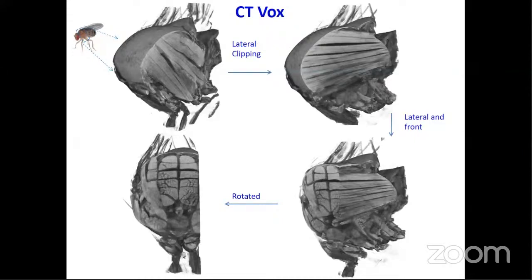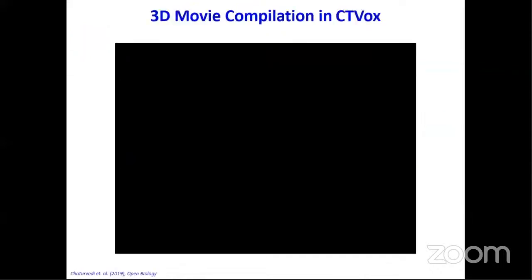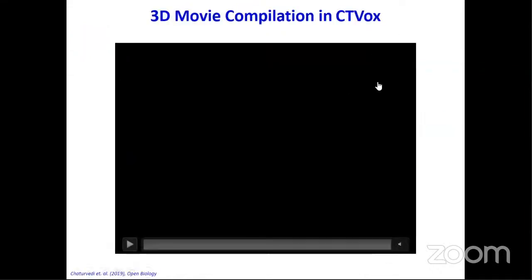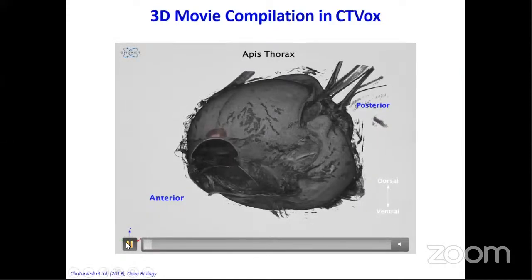You can see here different perspectives of the thorax of the fruit fly, clipped in order to look at the internal structures, and you can rotate in any form that is of interest in order to visualize the structure beneath. All right, so here's the same movie that I showed you in the beginning.